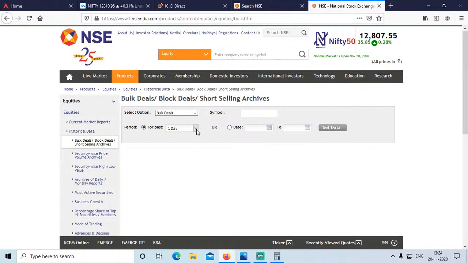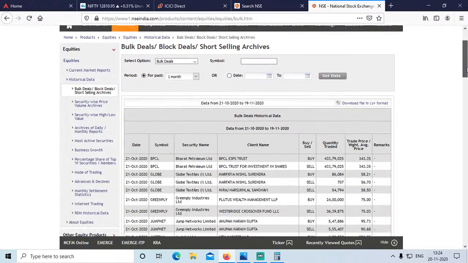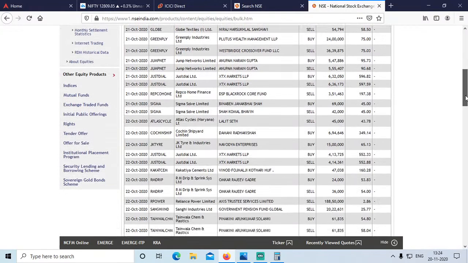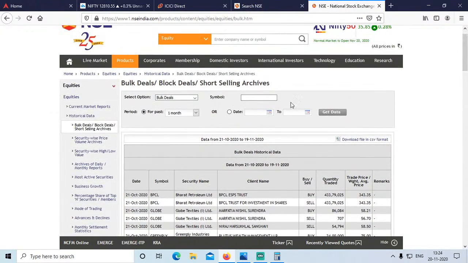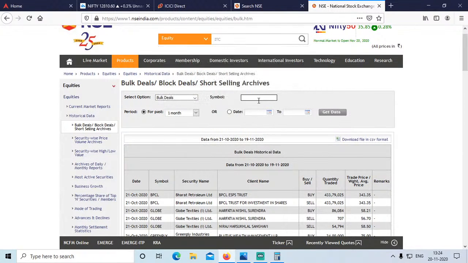Okay, bulk deals for the past 1 month, and symbol is ITC.